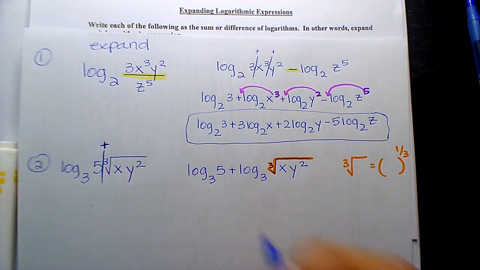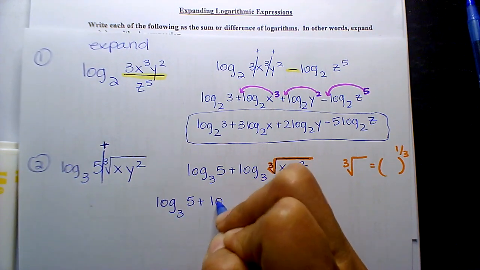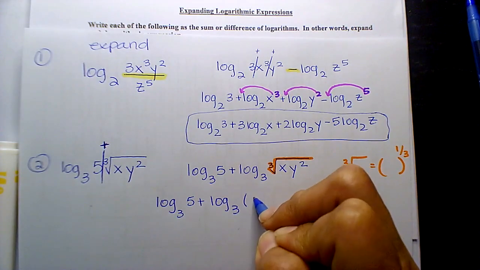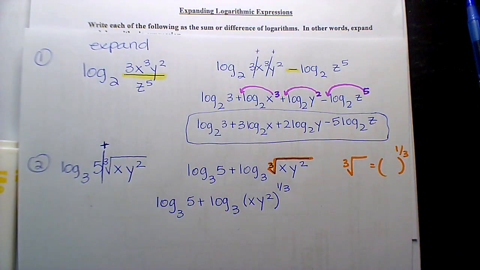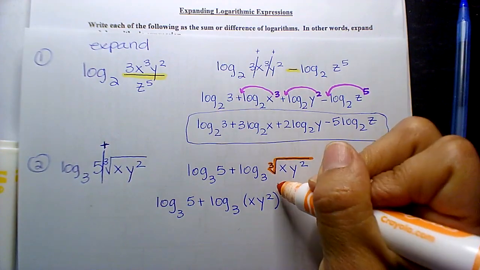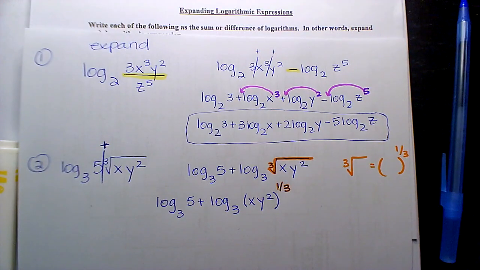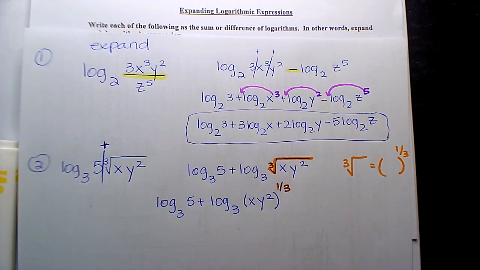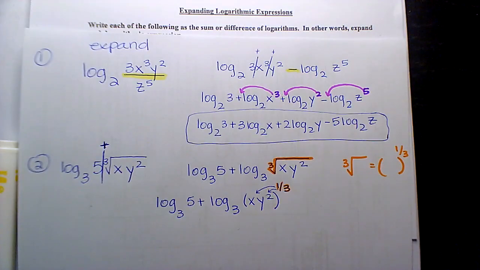Okay, so this is done, all right? But if I rewrite log base 3 of x y squared to the 1/3, I'll put it in orange so you guys see where it came from. Okay, you're not finished. You need to assign this to the two bases.